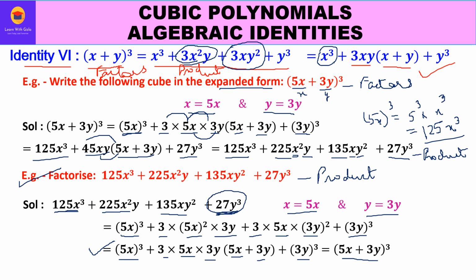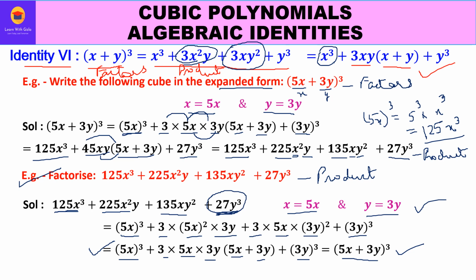The moment you identify your x and y, you know that your factors will be x plus y whole cube. So these are the two types. One is if the factors are given, you are finding the product. The second type is when the product is given, you are finding the factors.